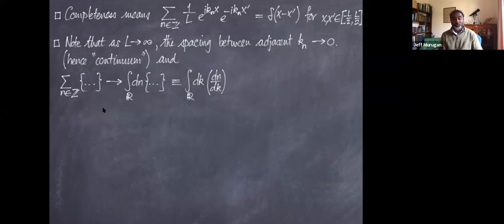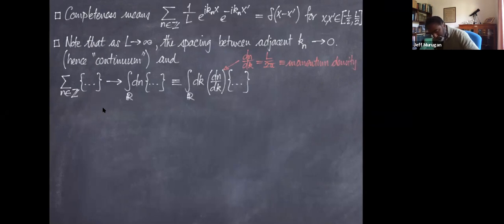In this case, the eigenvalues have an interpretation as momentum in the physical problem we're studying. And this quantity dn by dk is what we call the momentum density of states. So dn by dk is L over 2 pi, the momentum density of states.